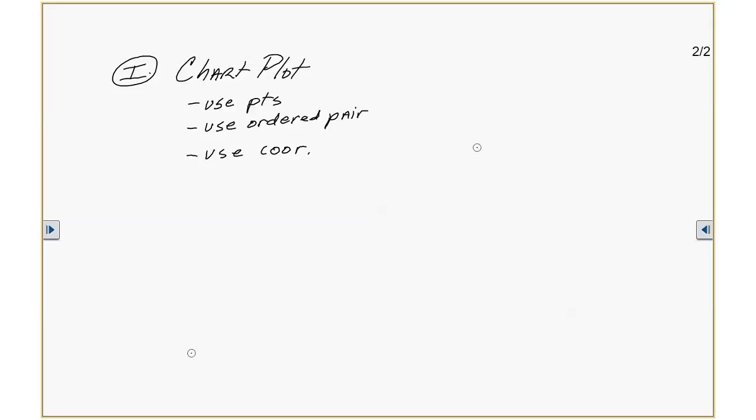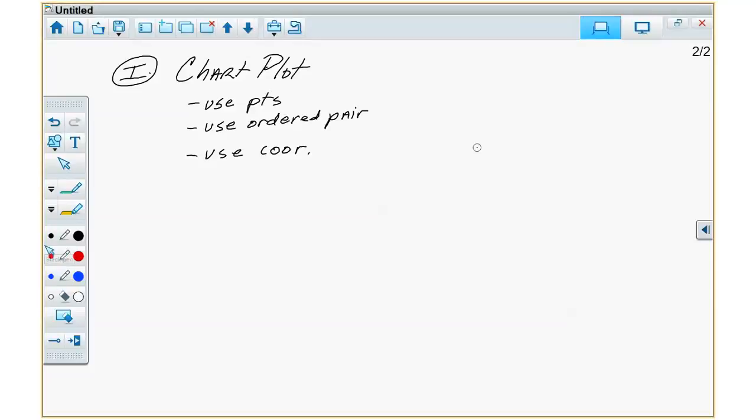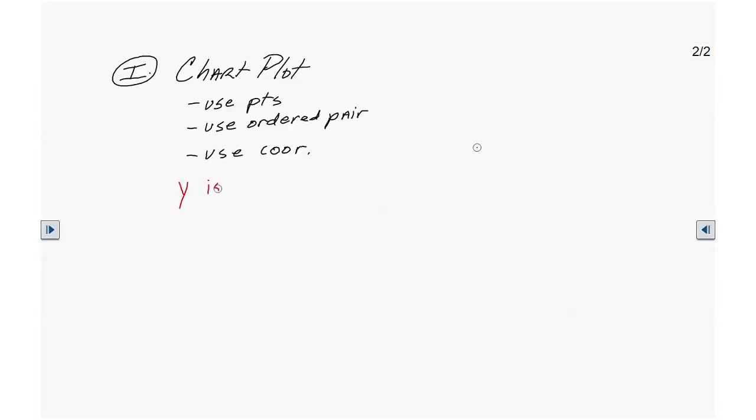That's what the book uses or other books use, but I call it chart plot. You use this method, and this is in red, when y is by itself.